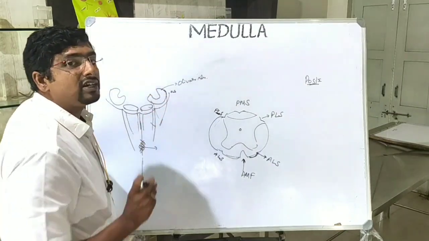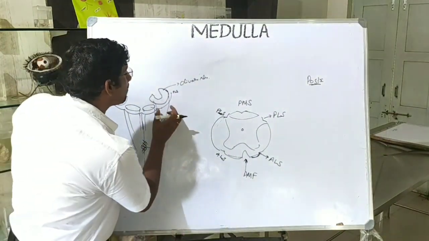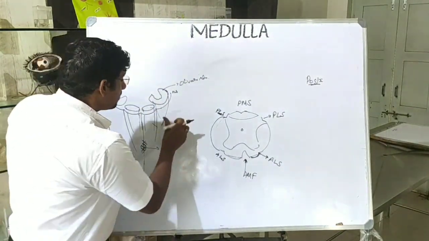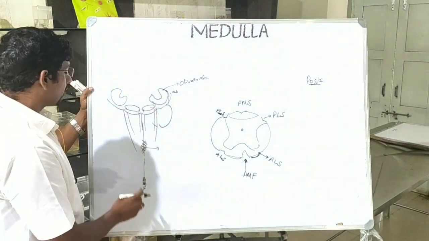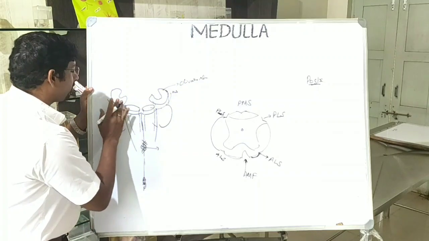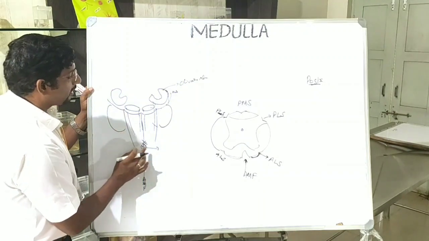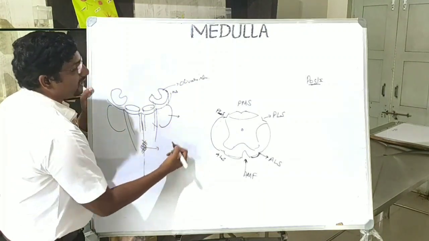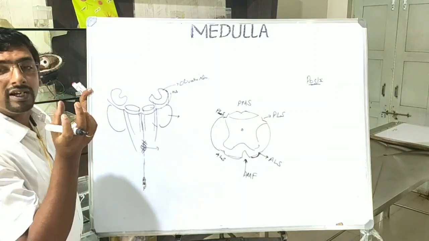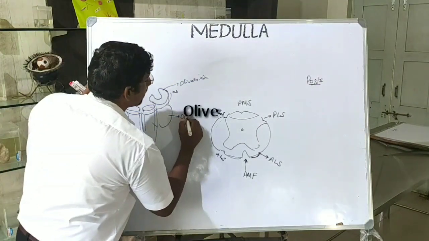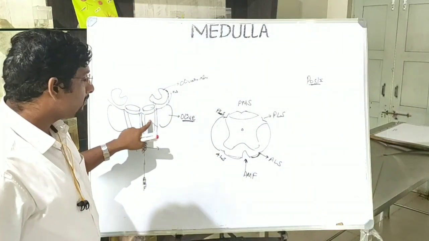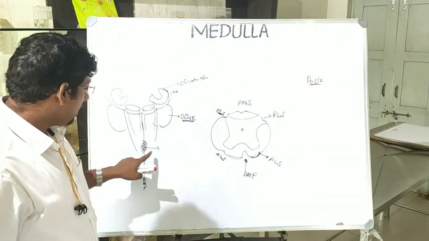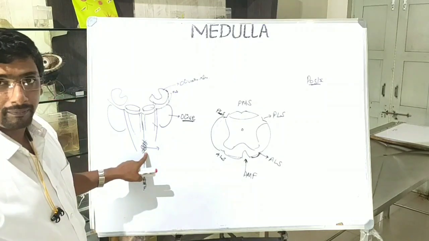Due to the presence of that olivary nucleus in the upper part of the medulla oblongata, the surface is a little bit elevated like this, on both sides. And this elevated bulge is called the olive, right? So this is a pyramid, this is an olive, and this is the pyramidal decussation.